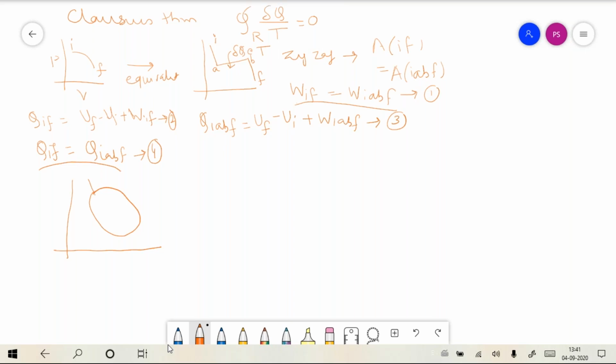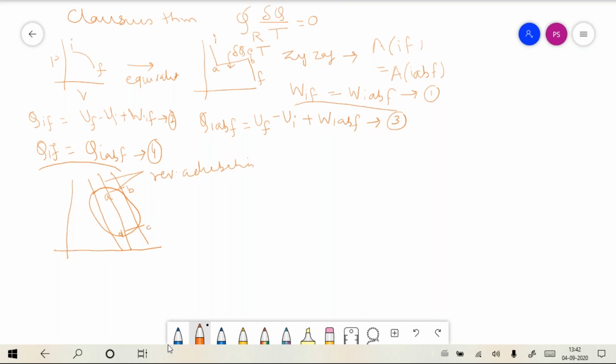You can draw in your notebooks very small slices, wherein on the sides they are covered by reversible adiabatics, and they are topped by reversible isotherms.